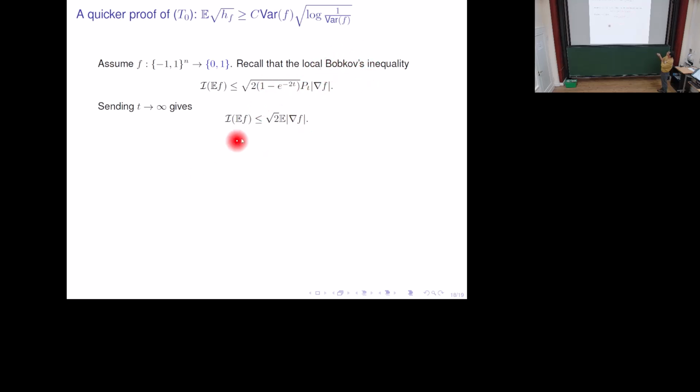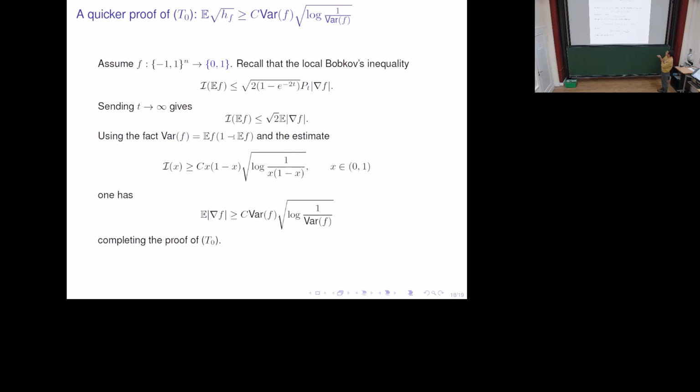You send t to infinity, you get this isoperimetric type inequality, and out of this you can already finish the proof of T naught because the variance is exactly x log x times 1 minus x, with x being the expectation, and you actually can use a better estimate of the Gaussian isoperimetric profile. Previously we used a lower bound in terms of a quadratic function, but here you use a lower bound in terms of this very strange function. That is exactly what we need in this inequality of T naught.